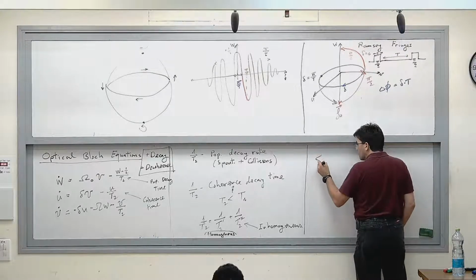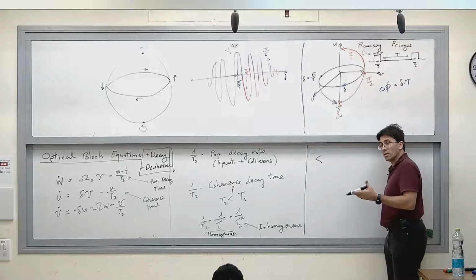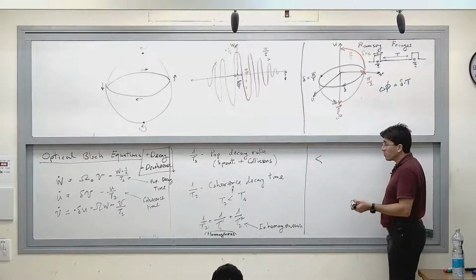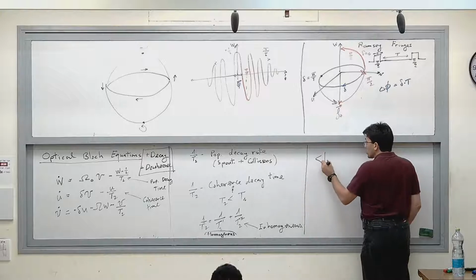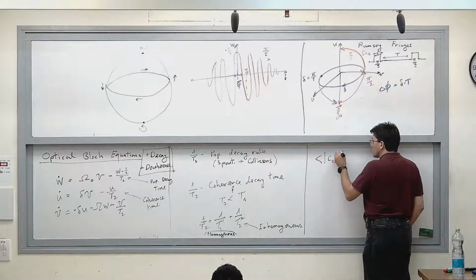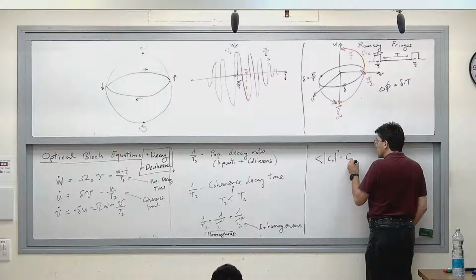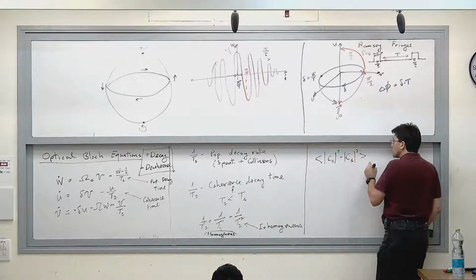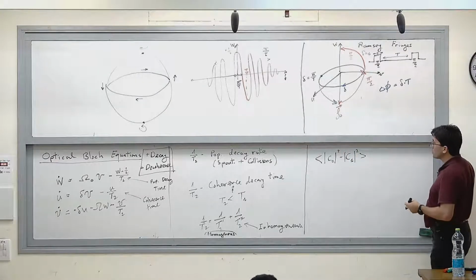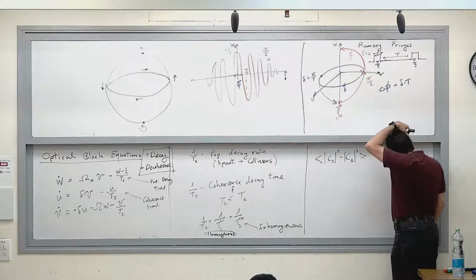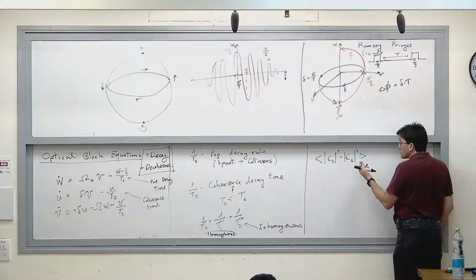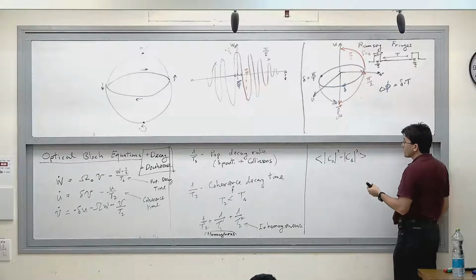We measure the average over the ensemble of atoms in the experiment. For example, if I'm talking about populations, then I'm looking at the average of C2 squared minus C1 squared. And this is basically going like, as we said, it's decaying.